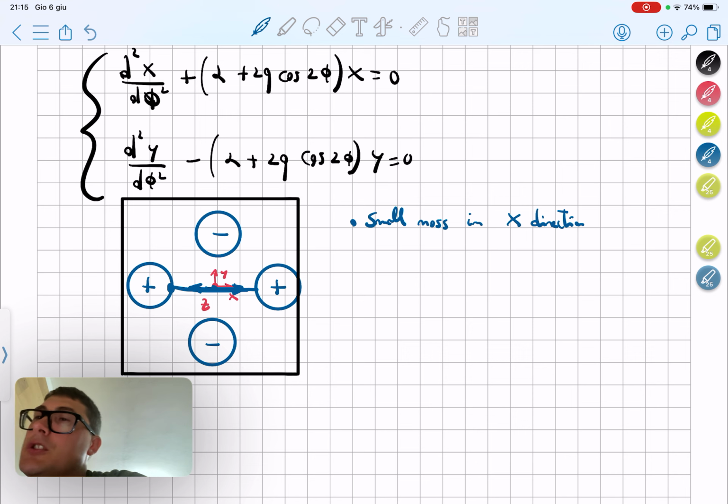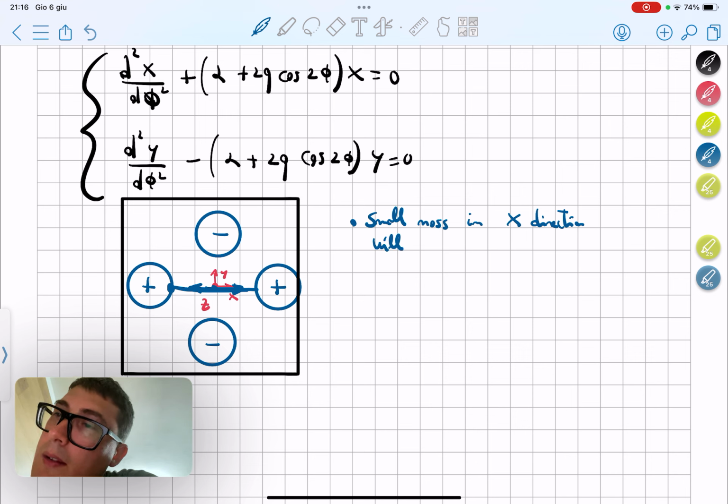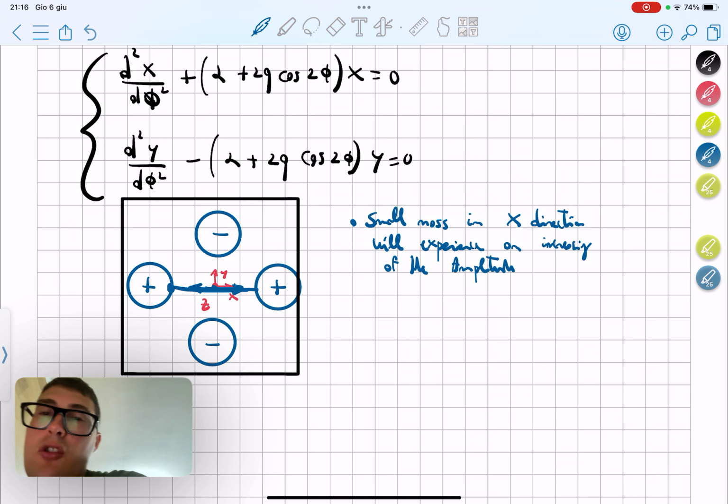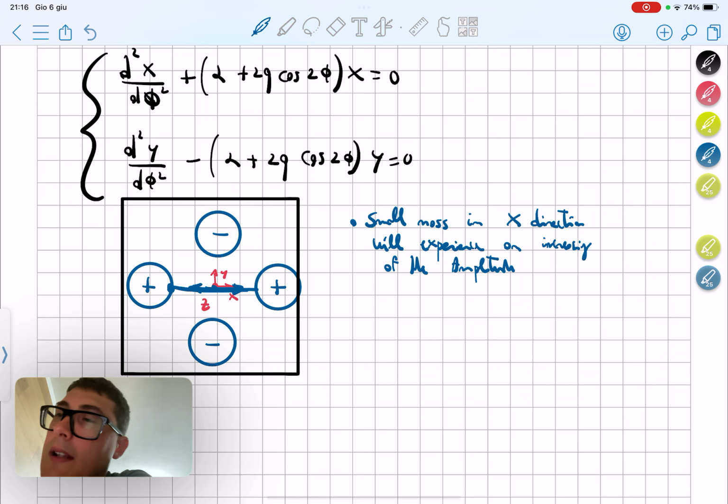Okay, so a small mass in the x direction will experience an increasing amplitude of the oscillations in the x direction until discharge.